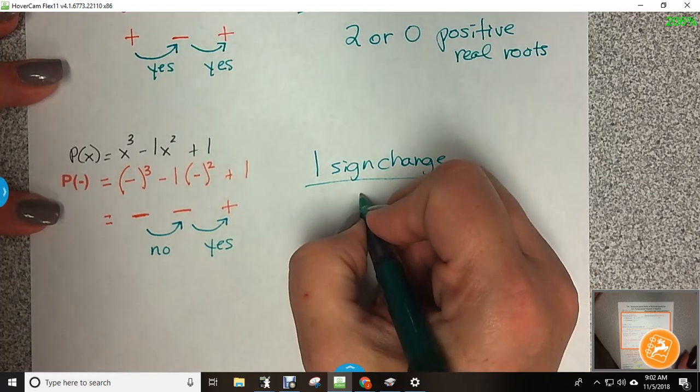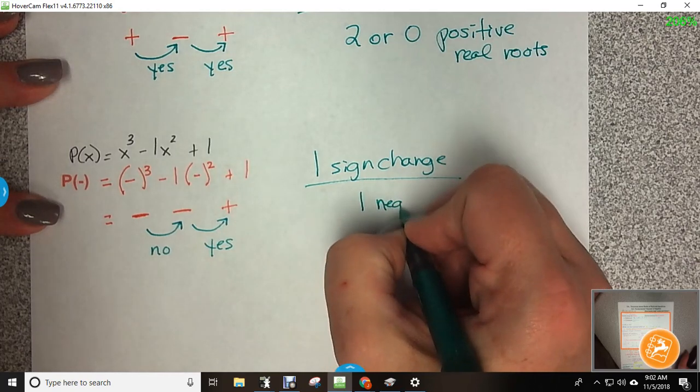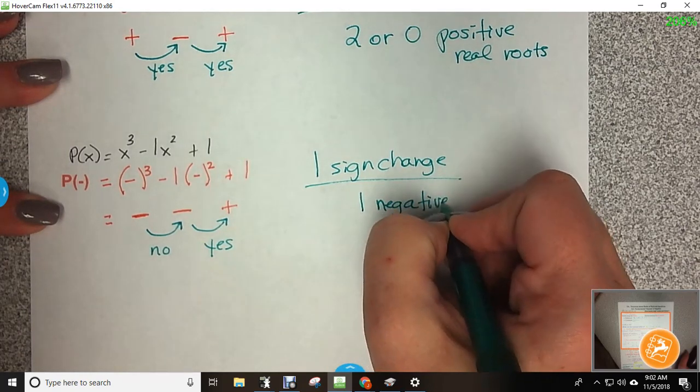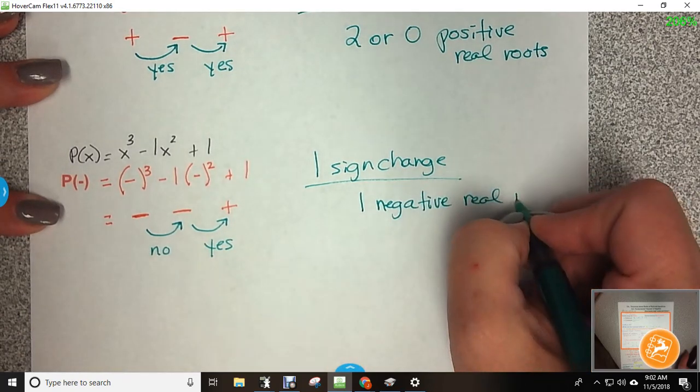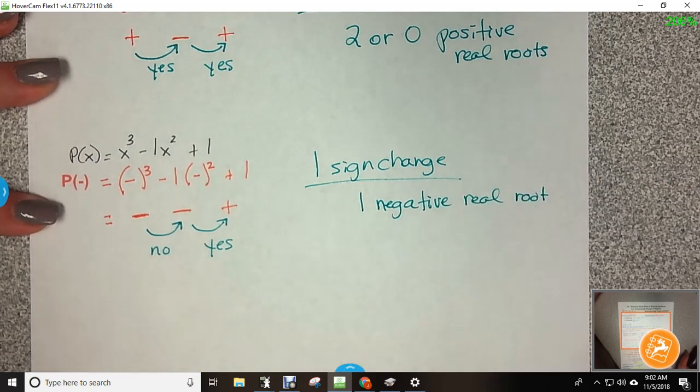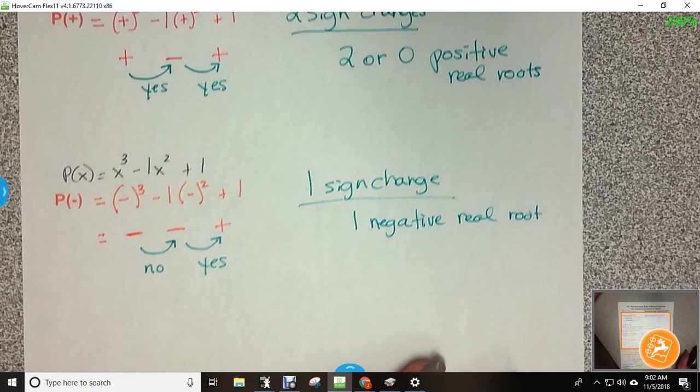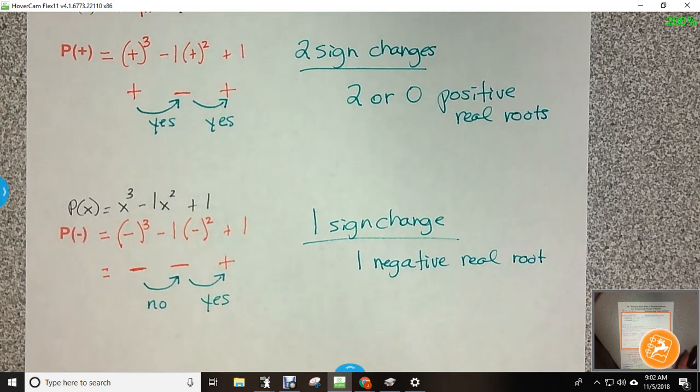I'm only going to have one negative real root. And the reason I need to know how many real roots we're going to have that are positive or negative is it will help me figure out whether to test positive or negative numbers using synthetic division.